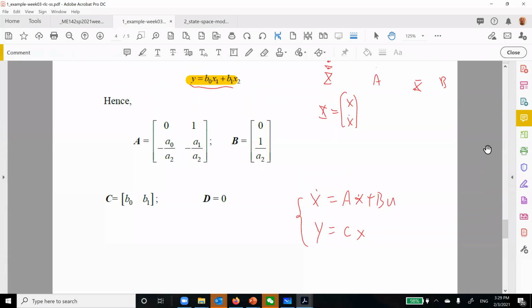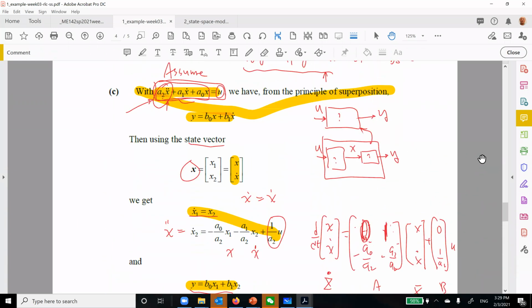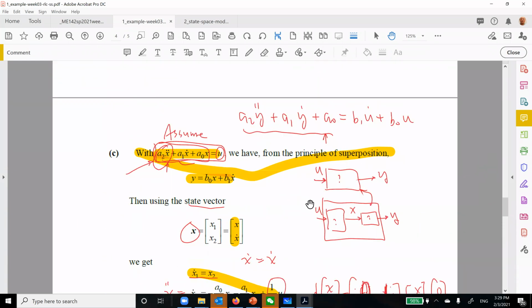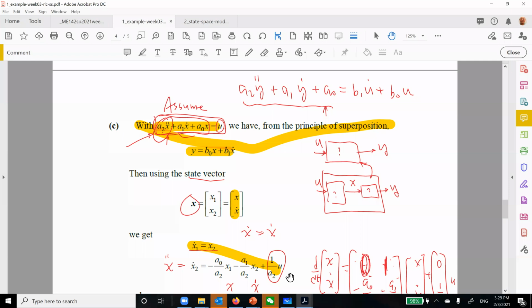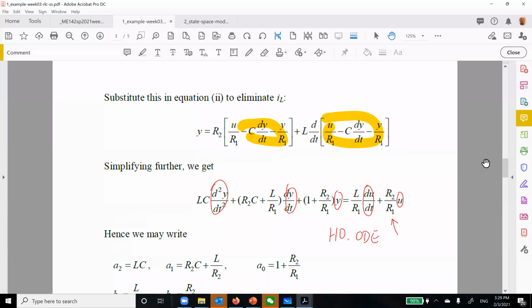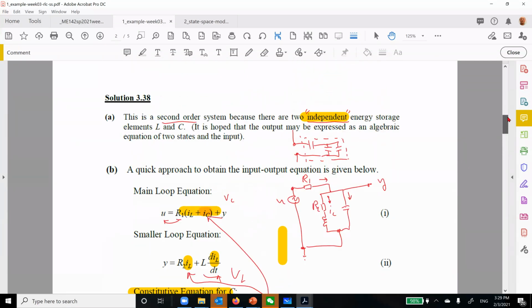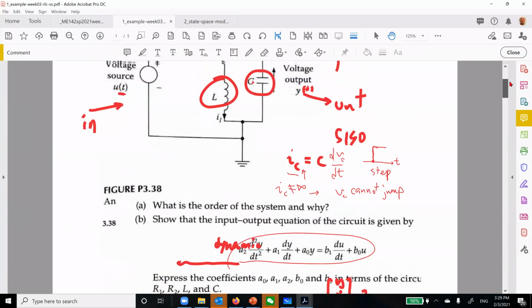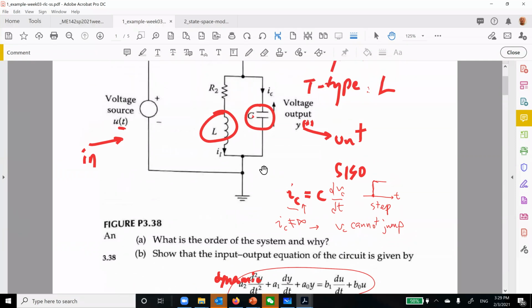So you may still wonder how this is possible, why the capital X here is not y and y dot. Remember, y is the voltage across the capacitor. This is the y, okay?